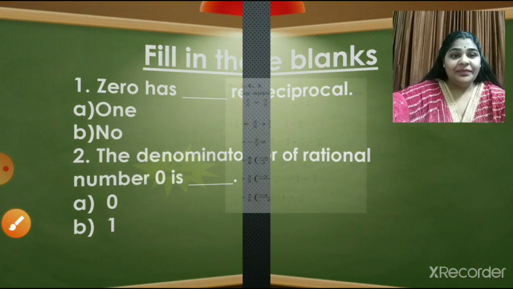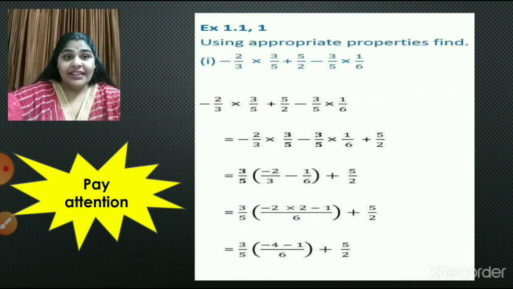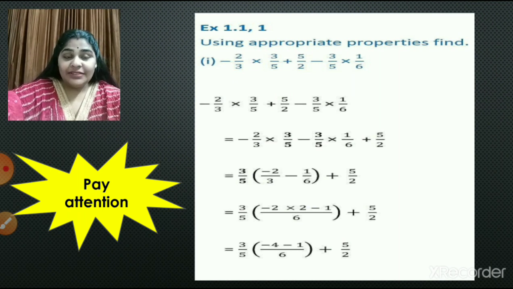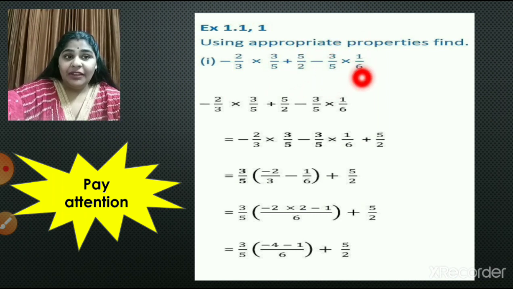Okay. Now very important, pay attention, children. In exercise 1.1, the first sum, regarding the properties, how to use the properties. Now, using appropriate properties, find -2 upon 3 multiplied by 3 upon 5 plus 5 upon 2 minus 3 upon 5 multiplied by 1 upon 6.